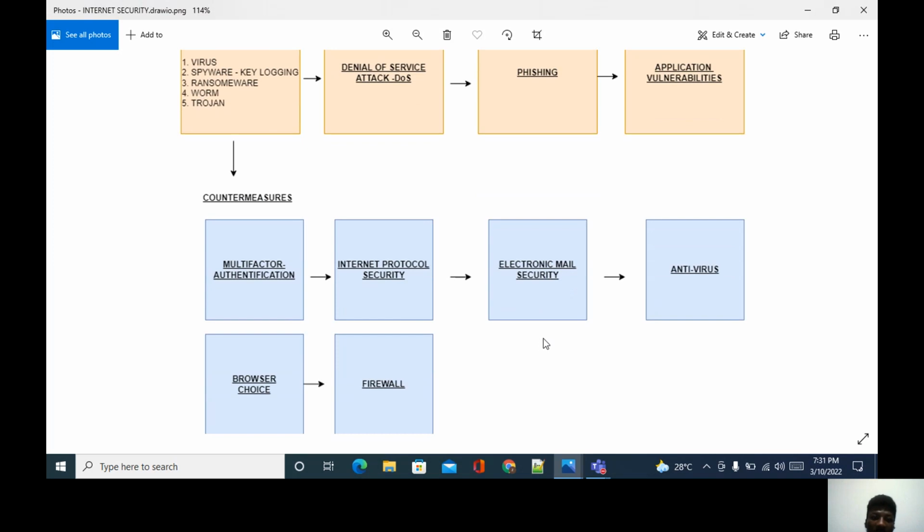Let's look at countermeasures, or how we can make our internet secure. We have multi-factor authentication. In the first slide, I talked about authentication, and here we have multi-factor authentication. In multi-factor authentication, we use what we know, like our password and our username to log in to our system.